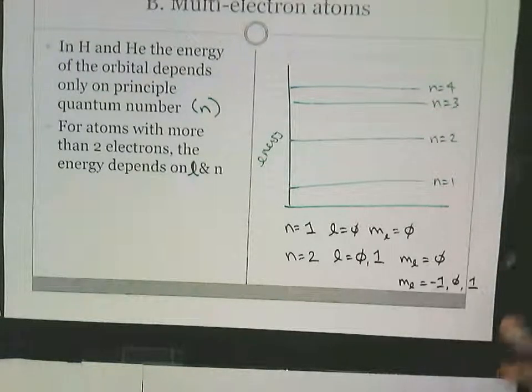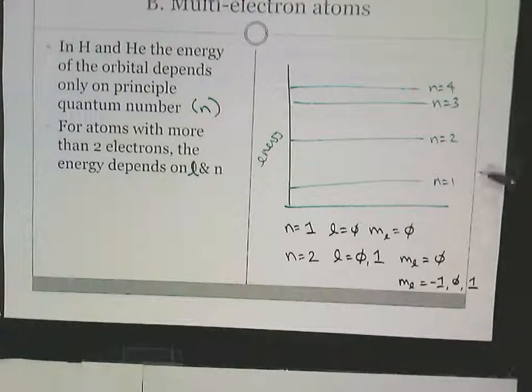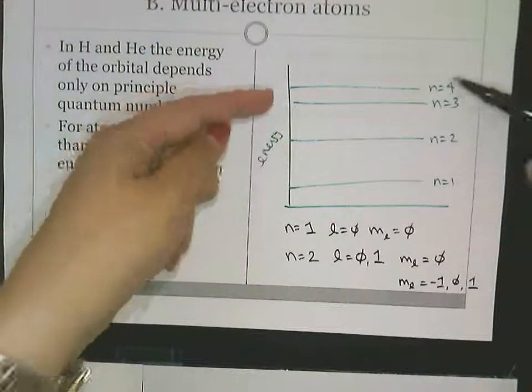N equals 1 has its 1 orbital. So whatever that atom is, has 5 orbitals altogether possible available to it. So when we think about where to put the electrons, we're going to go low energy first, then to higher and higher energies.